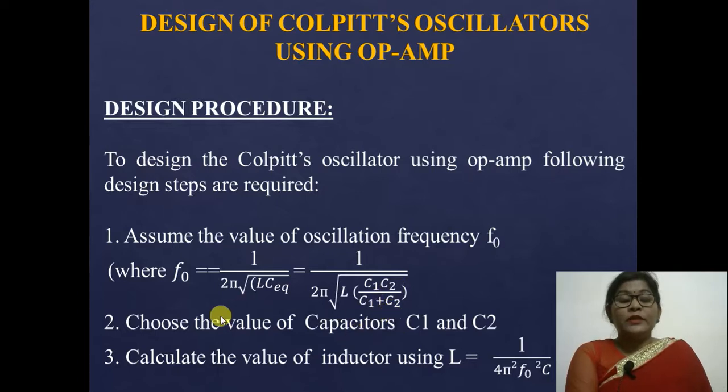Now the next step is choose the value of capacitor C1 and C2, and then calculate the value of inductor L using this formula. L is equal to 1 upon 4 pi square f naught square into C.